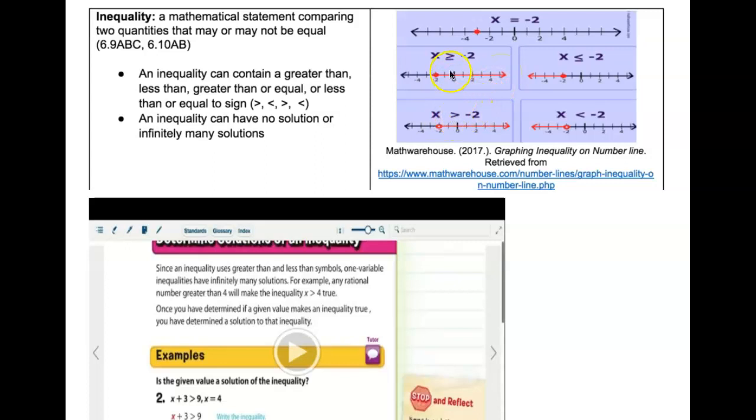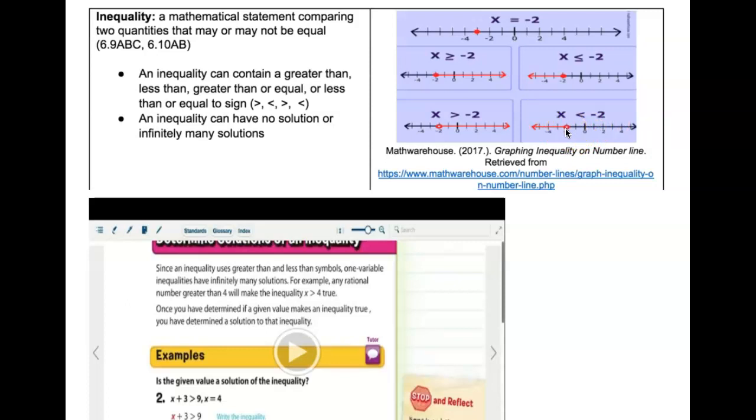If you don't have the equal to symbol, which is a line underneath the greater than or less than symbol, then, like x is greater than -2, -2 is not a possible answer, but anything greater than -2 is. So those are called boundary points. That's an open boundary point, and that is not equal, but that's where it begins. And x is less than -2. -2 is the boundary point.